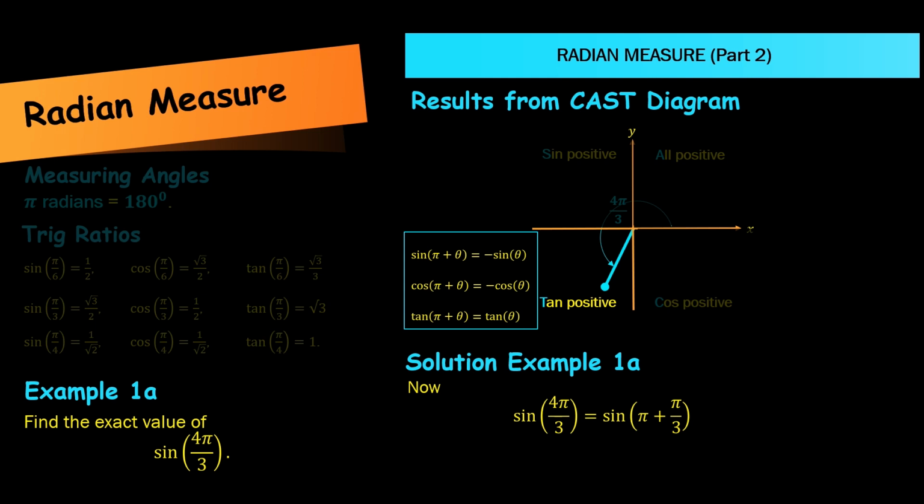Since we're considering sine, we need to consider the sine formula first, which is sine of pi plus theta equals minus sine theta. And therefore, since we're considering sine of pi plus pi by 3, our theta is equal to pi by 3.